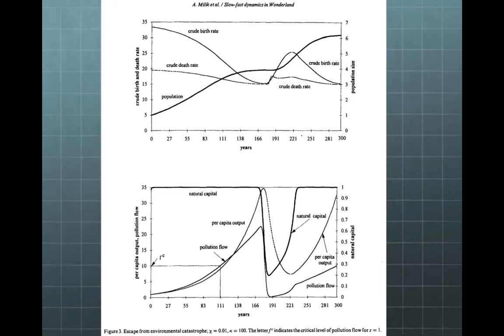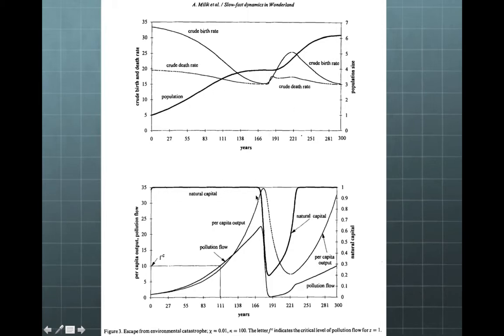Here's yet another scenario. This is a scenario that they call escape from environmental catastrophe, where they put this coefficient of pollution abatement at a value of 100, which is much higher. This means that the human population is able to abate pollution, primarily because of technology, much quicker. And this implies that population can grow and continue to grow.